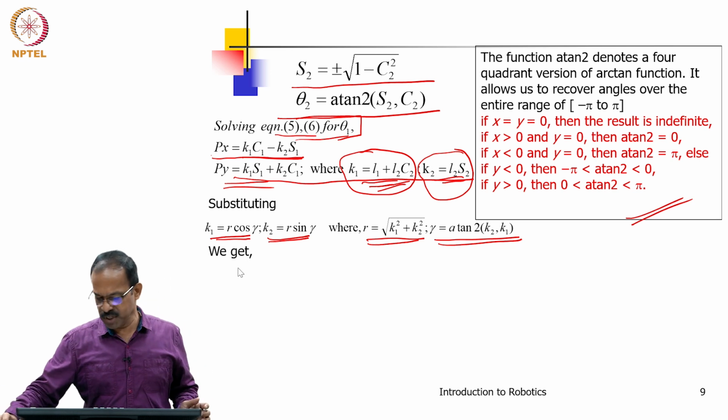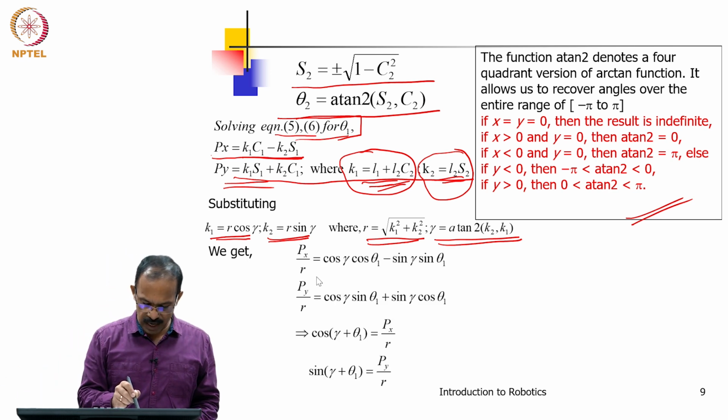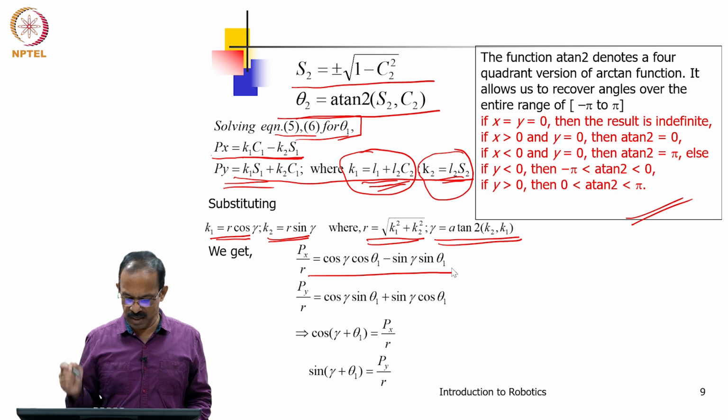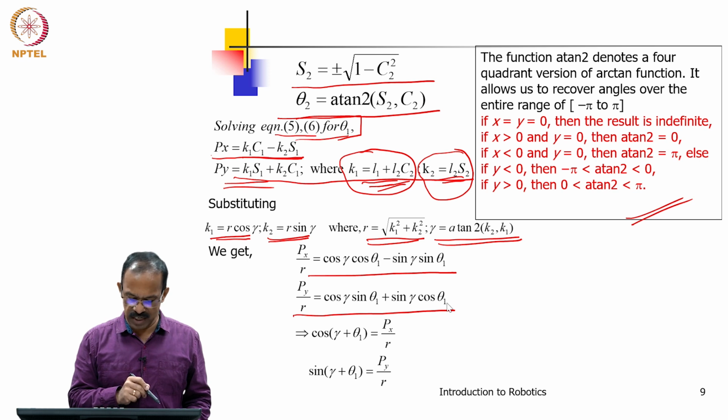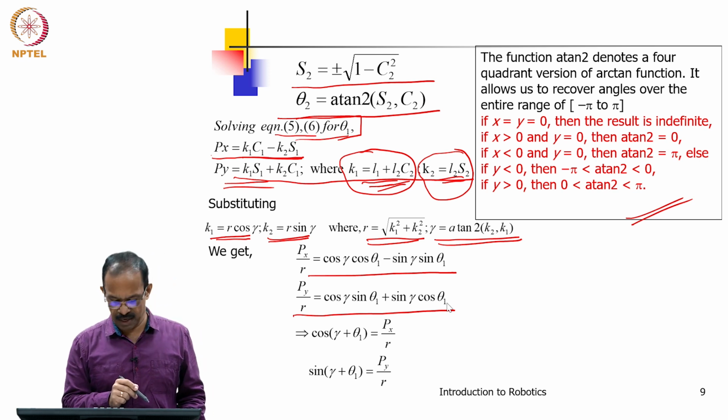When you do the substitution, we get Px by R is equal to cos gamma cos theta 1 minus sin gamma sin theta 1, and Py by R is equal to cos gamma sin theta 1 plus sin gamma cos theta 1.